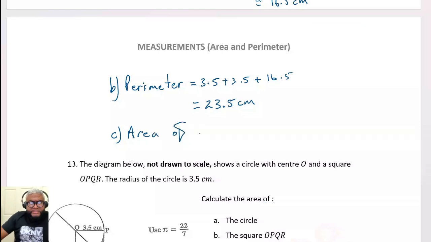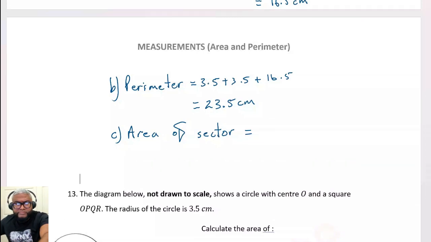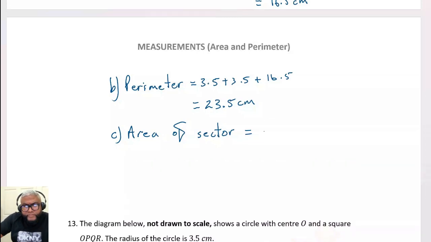Area of sector. What is the formula for the area of this sector here? Area of a sector is theta over 360 by pi r squared. Right, plug in my stuff here.